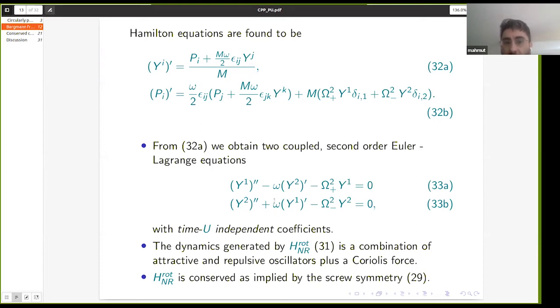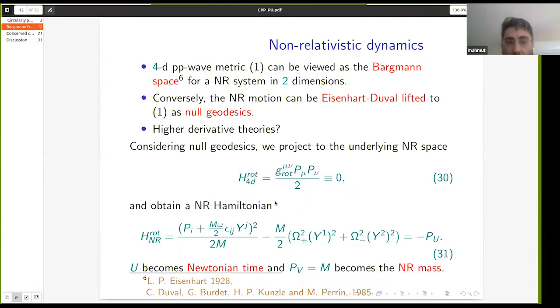So you can see this with two opposite pictures. Firstly, you can say that my pp-wave can be viewed as a Bargmann manifold. By solving the equations of motion for the geodesics, I can project them and I get a non-relativistic system. Or you can say that I have a non-relativistic system and I can embed it into a higher dimensional manifold.